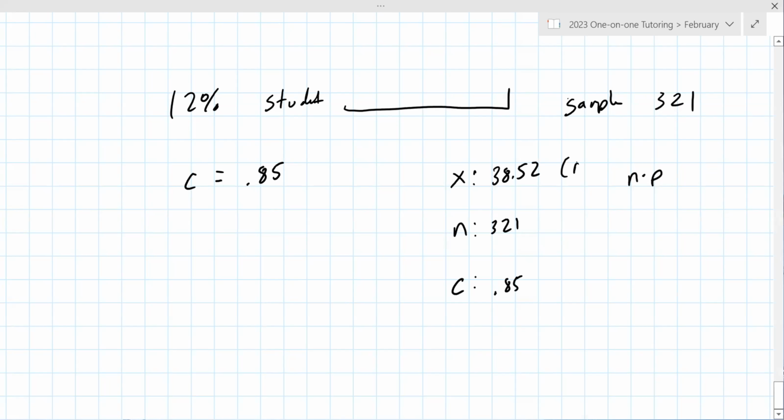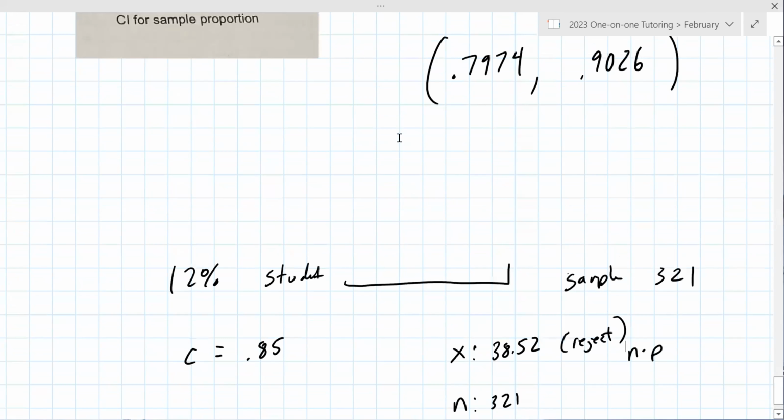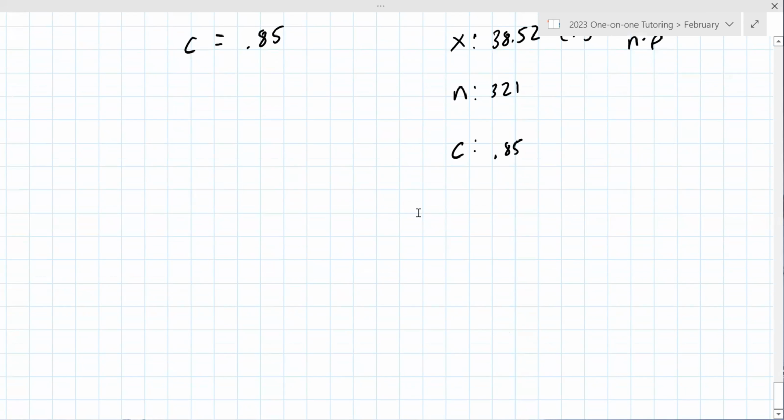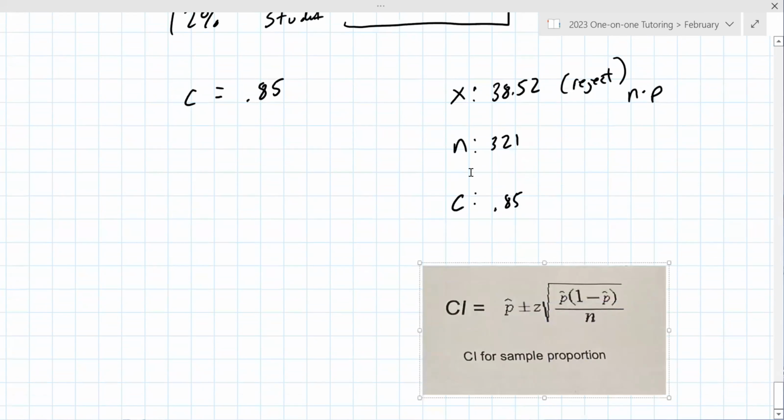So your calculator will reject that, which means you have to go back and use this formula again. Okay. And so you have P. P is the 12%. You know that N is 321, but what you don't have is Z.